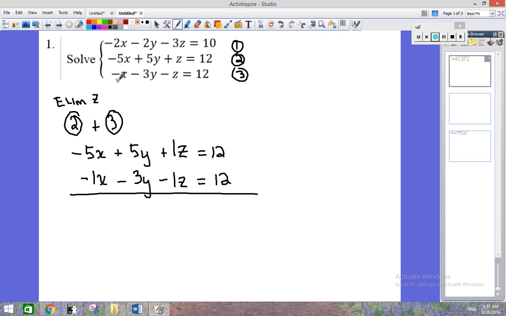At the beginning of the problem, I should have remarked that the x's are in one column, the y's are in another column, the z's are in a column, and the constants are on one side of the equation, in this case, the right side. If it wasn't set up like that, I would manipulate through addition and subtraction. I would move those terms to the correct side and position them in a correct way. When I add these expressions together, Z will be eliminated. That was what I wanted to happen.